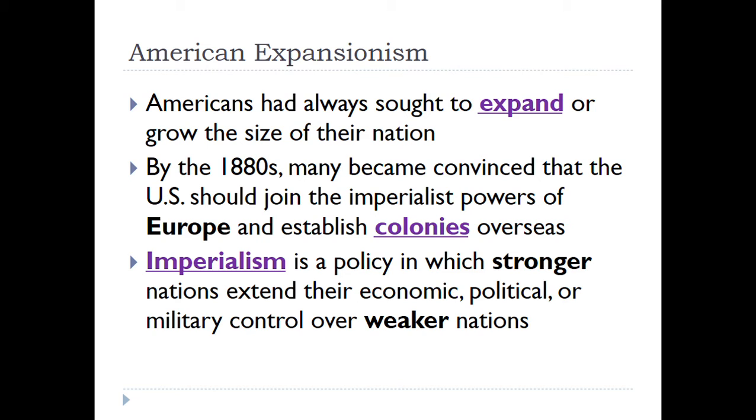The idea of manifest destiny motivated it. But once the U.S. had pretty much conquered all of North America, people started to look for colonies overseas. And this idea of becoming more imperialistic is something the Americans sought to do, extend their power economically, politically, or militarily over weaker nations.